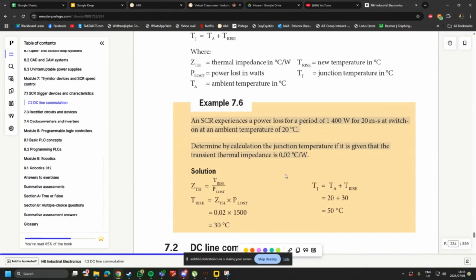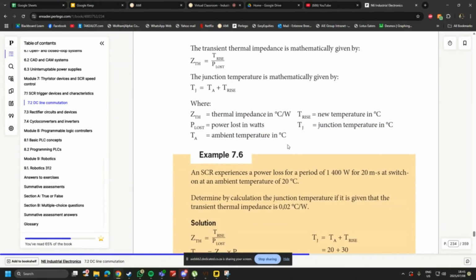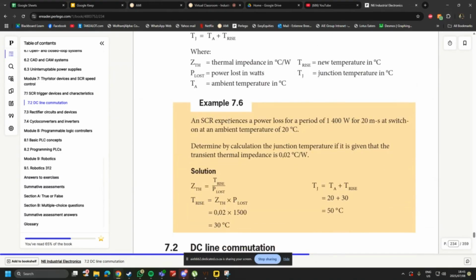So there's another one. Example 7.6 has to do with when an SCR is turned on from cold conditions.